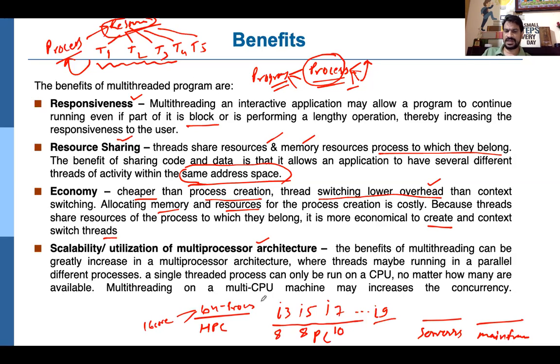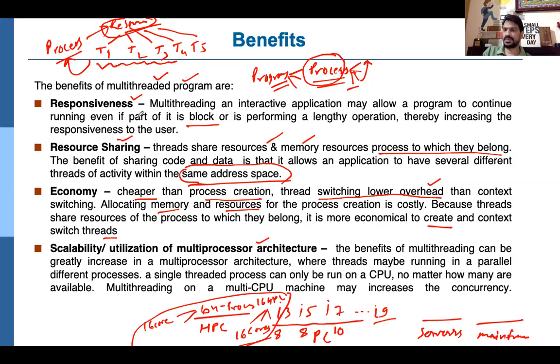And we have, let's say, 16 GPUs, and each GPU has multiple cores, let's say 16. So you can see how much computing power we have. How can we actually utilize it?